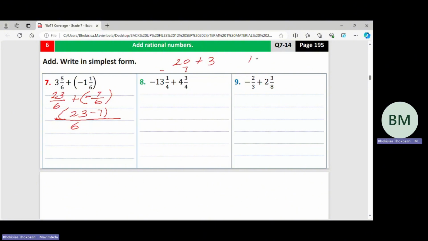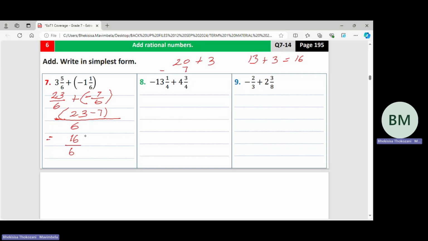We know that the answer here is 13, which is very easy for everyone to do. Then you add this 3 here, just to give you some tricks. So 10 plus 3 will give you 16. So that's just another trick that you need to remember when you are doing subtraction. This will be now 16 over 6.